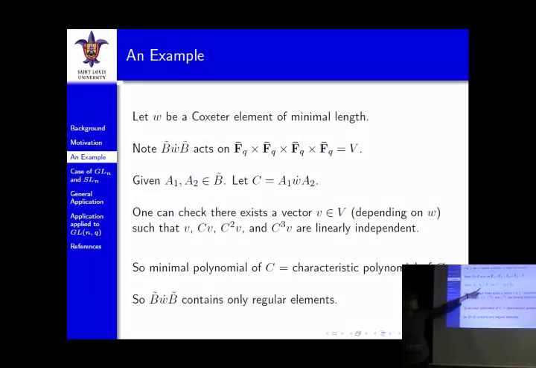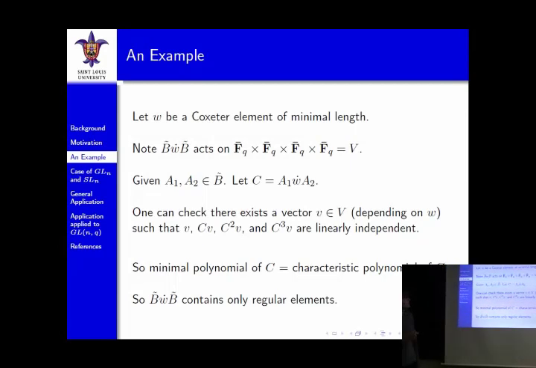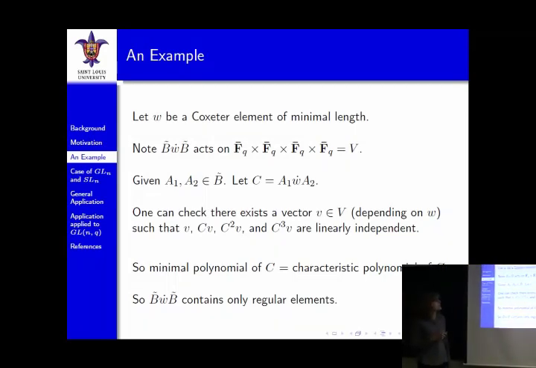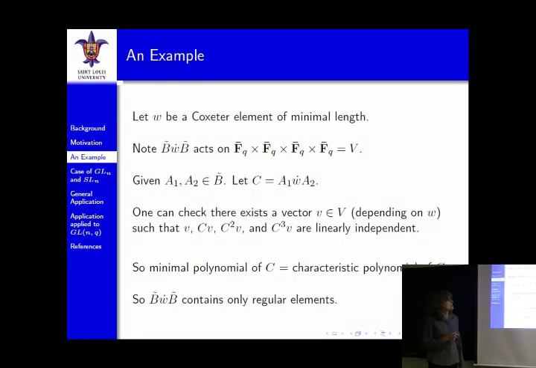Now let's make it a little more concrete. Take 2 matrices in our Borel group here, and let C be equal to this product. Our W again here is a Coxeter element of minimal length.